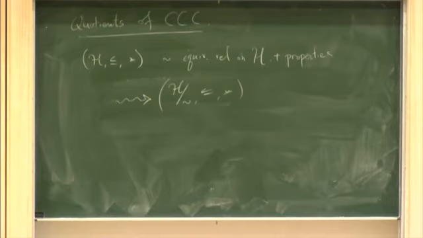So let's give them names. Let's say that this half space is H, and the other one is H star. And this is K and K star.